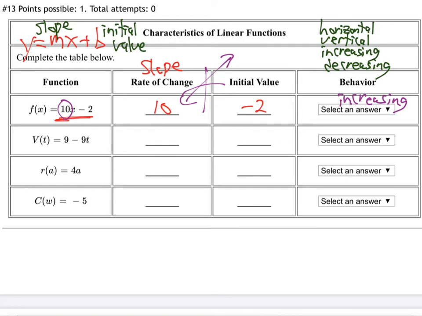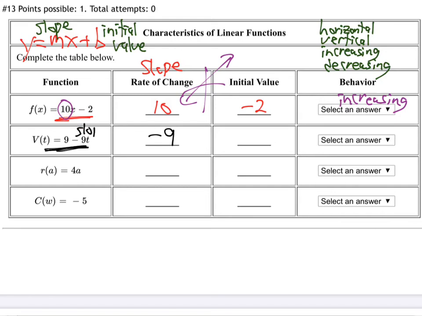How about the next one? What's the rate of change? So for this function now, what's the rate? Yeah, again, the rate is what's next to the letter. It is the slope. So they switch the order to try to trick us. But what's next to the letter? -9. The -9.